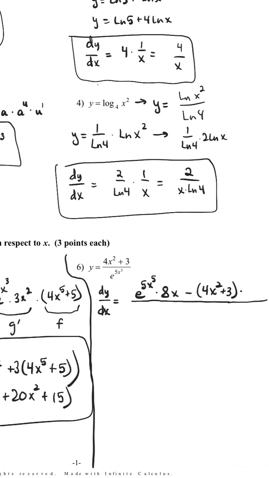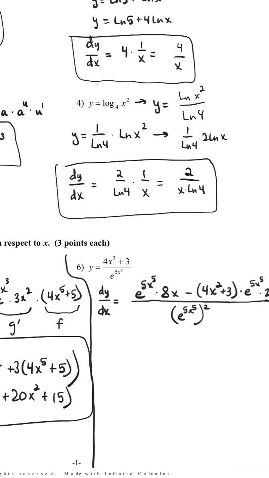Now the bottom function is an exponential, so the derivative of an exponential base e is itself multiplied by the derivative of the exponent, so 25x to the fourth, all divided by the square of the denominator.